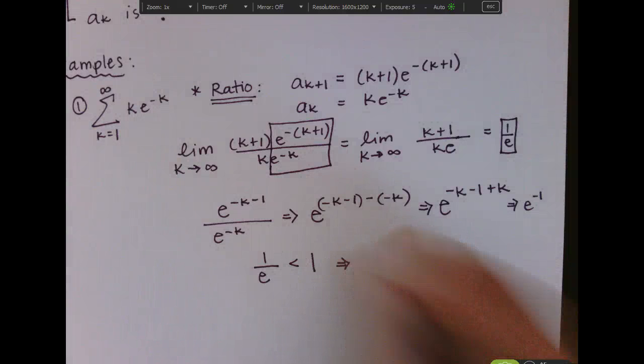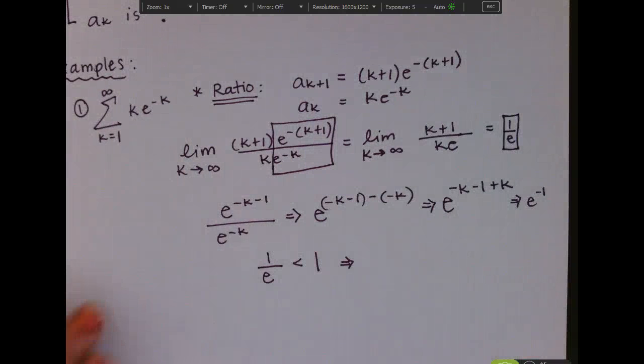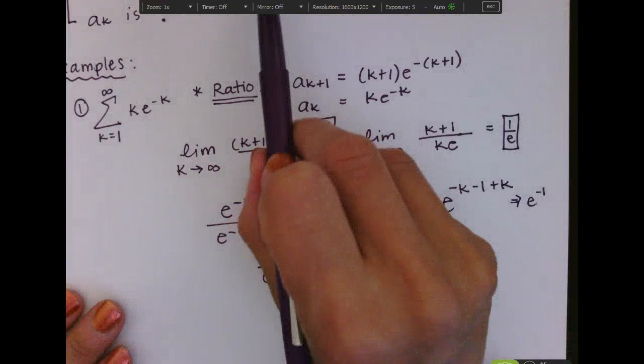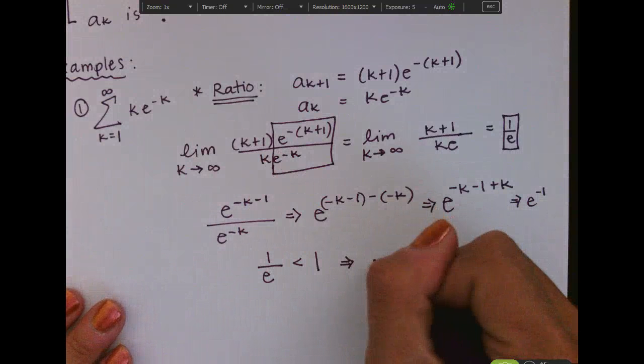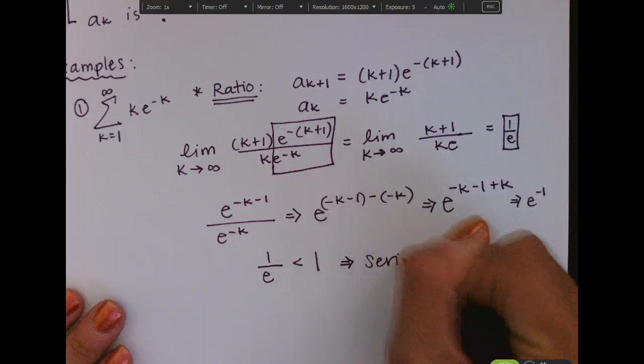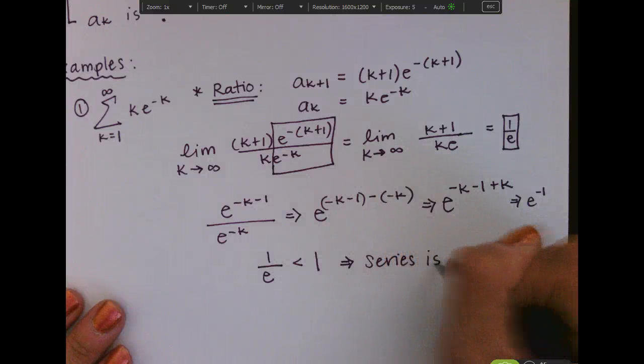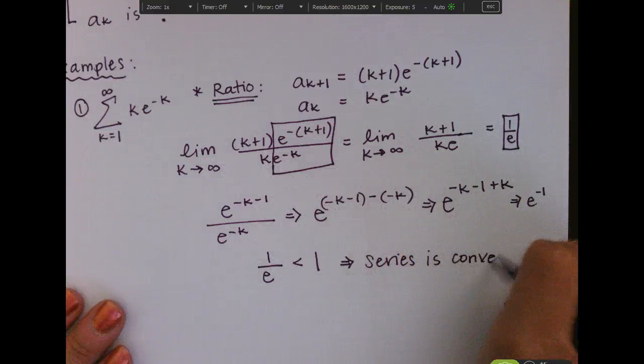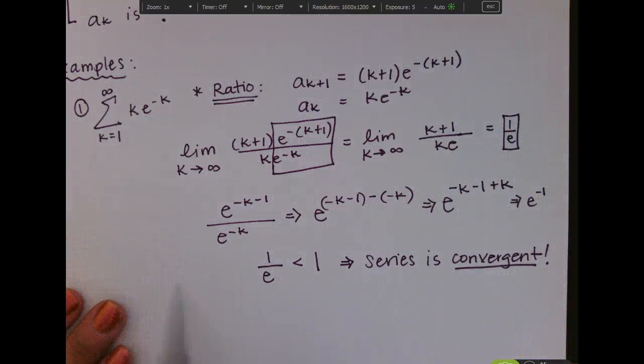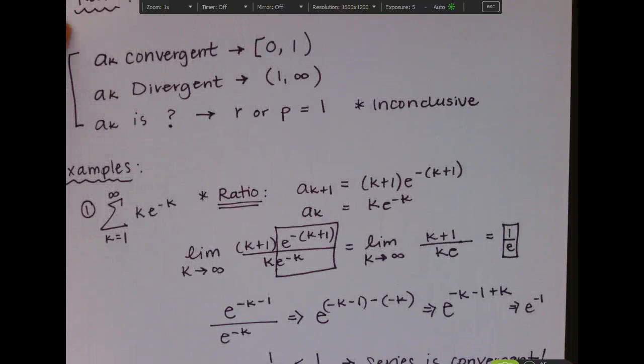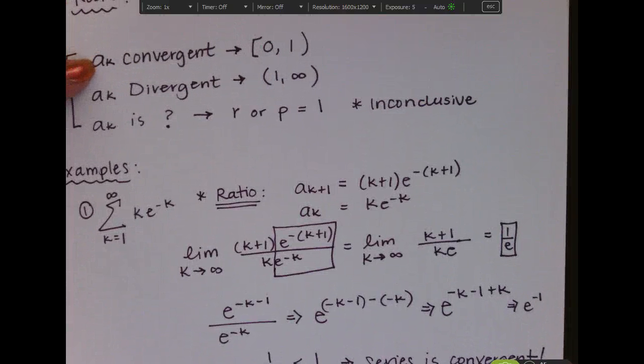And so because of that fact, because it's between 0 and 1, then we can say that our infinite series is convergent. Okay, so it falls into this category right up here.